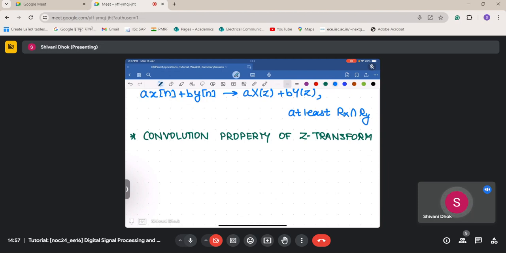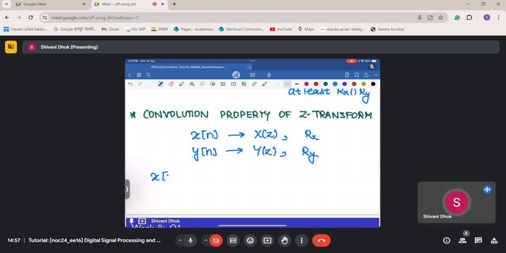In this convolution property, if x of n has Z transform X of z and region of convergence Rx, and y of n has Z transform Y of z with region of convergence Ry, then if I convolve x of n with y of n, this will give me a Z transform of X of z times Y of z.